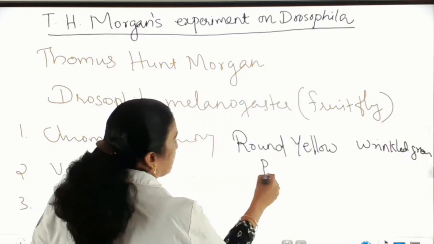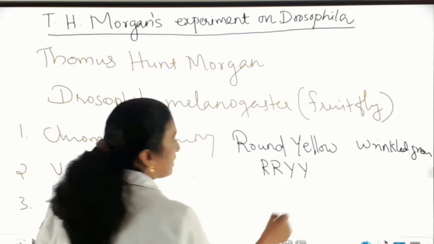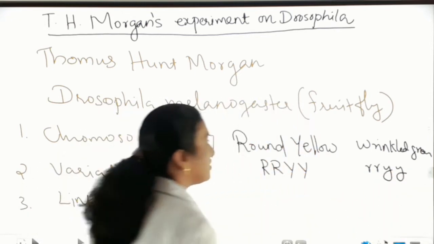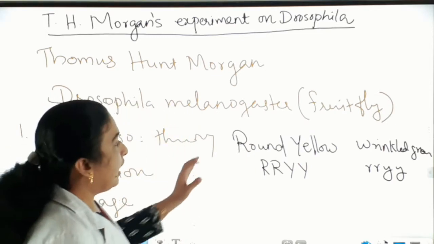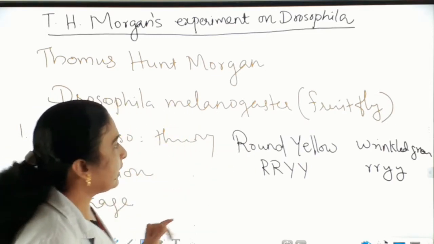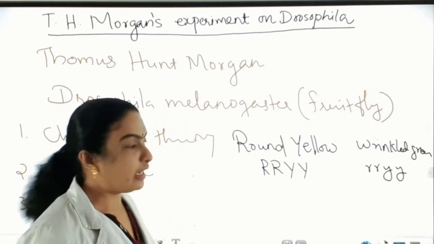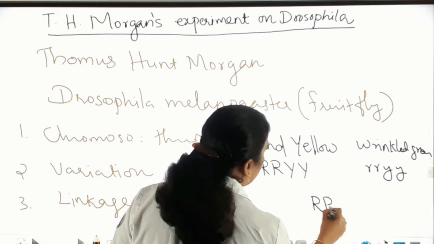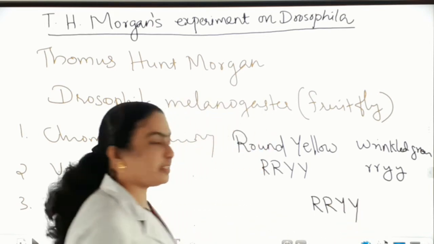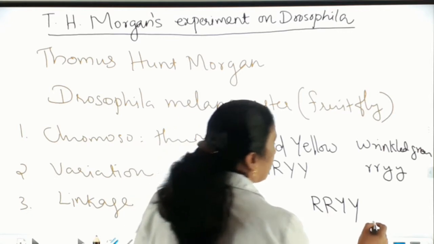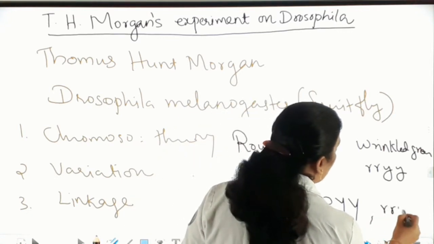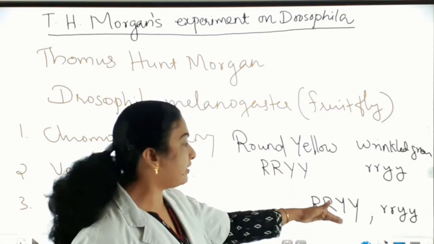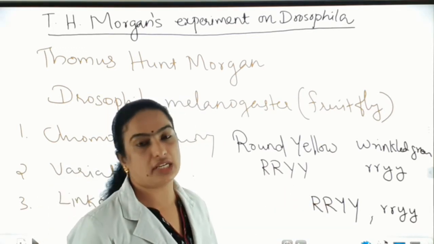Here capital R, capital Y is the genotype, and small r, small y is the genotype of wrinkled green. In the F1 progeny, we got round yellow, and in the F2 progeny, we have round yellow with the same genotype. Am I right? And we have wrinkled green with the same genotype. That means these linked genes remain linked in the offspring, or in the next generation also.